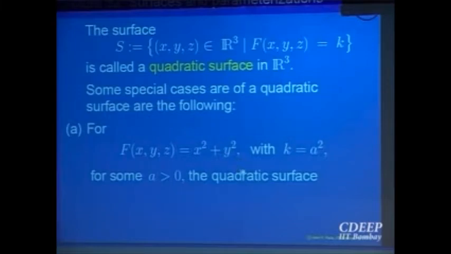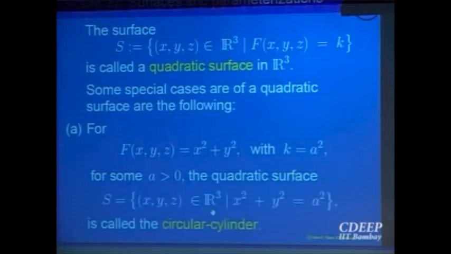We have already seen this quadratic surface. That is a cylinder. z is free, z could be anything, right? So that is a circular cylinder because the base is a circle. You could have an ellipse here, that will be called an elliptic cylinder. You can have a parabola, a parabolic cylinder or parabolic sheet, you can call it.